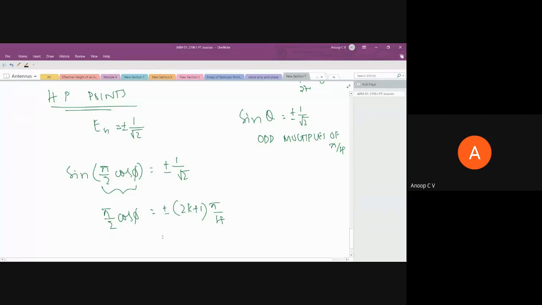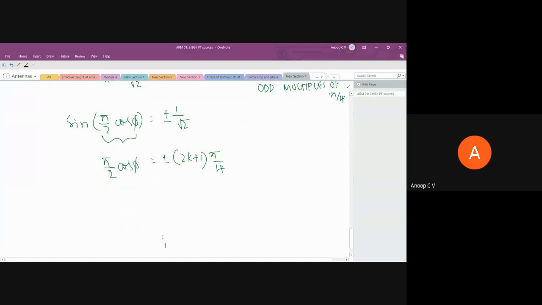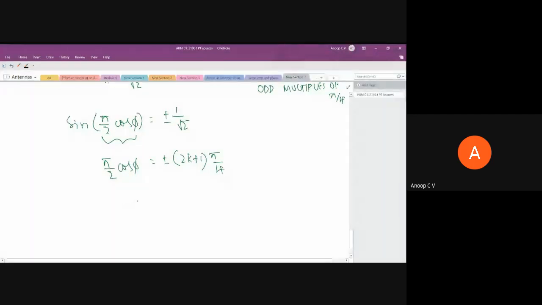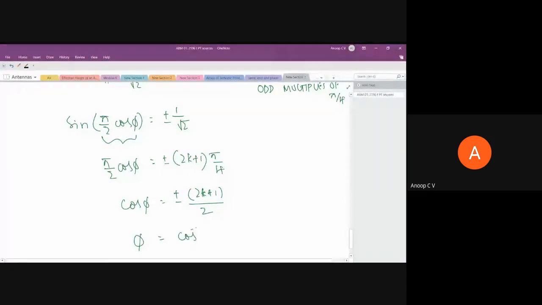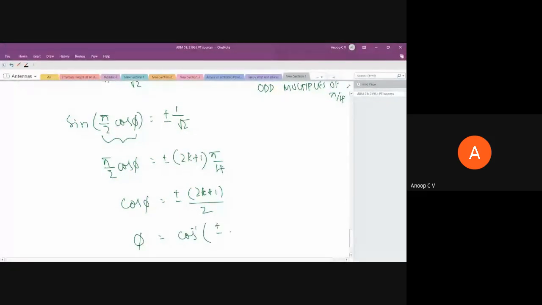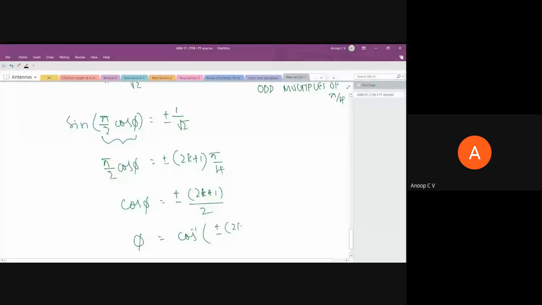So I can write cos phi will be plus or minus (2k plus 1) divided by 2, which implies phi is equal to cos inverse of plus or minus (2k plus 1) by 2.